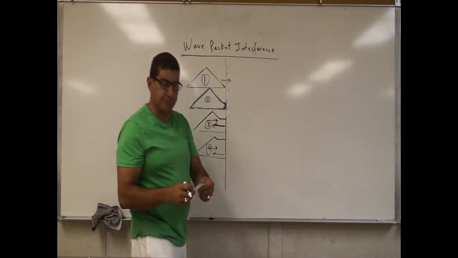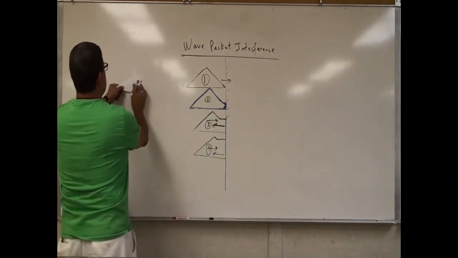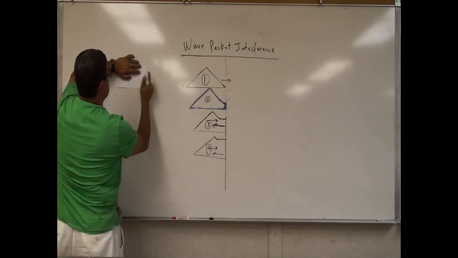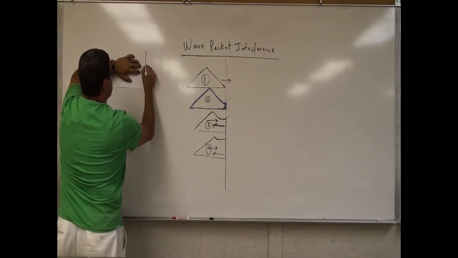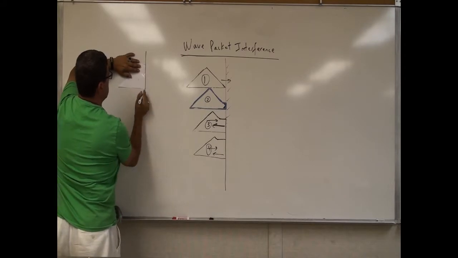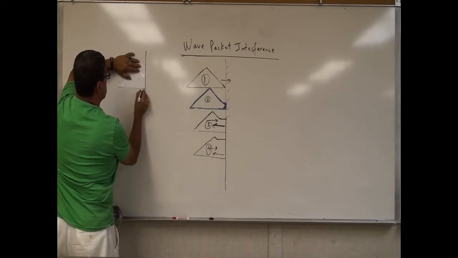Well, this one is a bit tricky. Look at what happens. When you cut it, it looks like this. So this is the interface right here. When you cut it, and if you tape it like this, it's going to go like this.